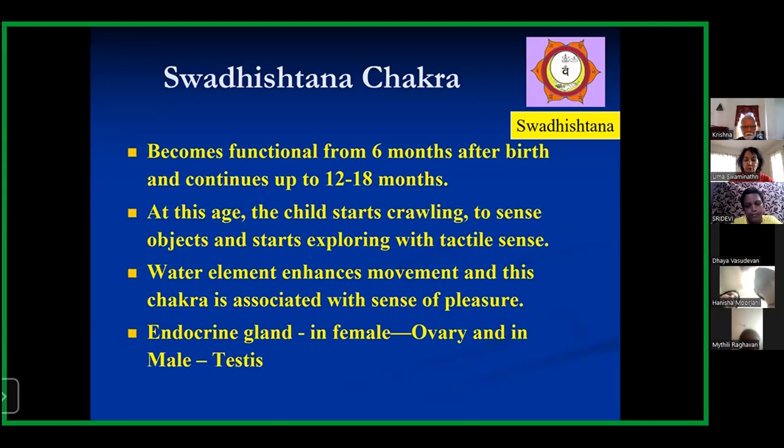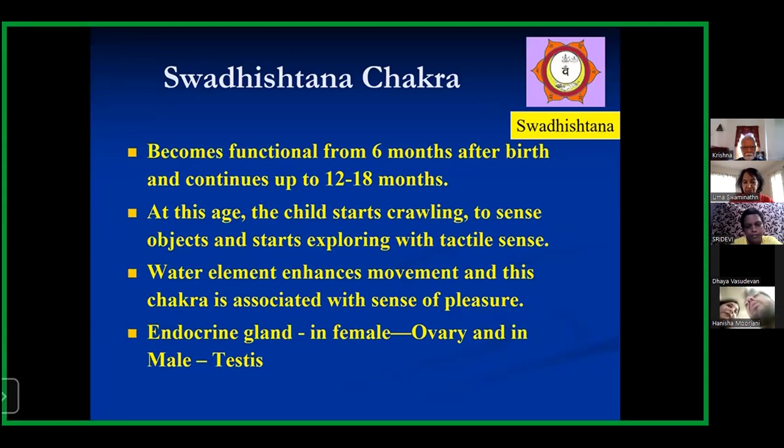That movement is possible because of the water element. Initially, it is static within the mother earth. Then, when the plant grows, it starts moving. The movement is possible because of Swadhisthana chakra, which is related to the water element. Muladhara chakra is related to the earth element, and the water element is related to Swadhisthana chakra.